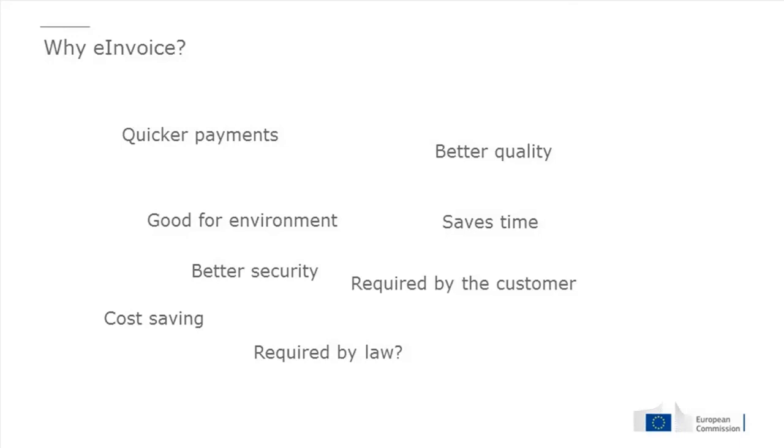The security is better. Also, from a supplier perspective, it might be that I invoice electronically because my customer requires me to do it, or even I'm required by law to. Or, as we are going into now, the public sector has to implement electronic invoicing because of the directive.